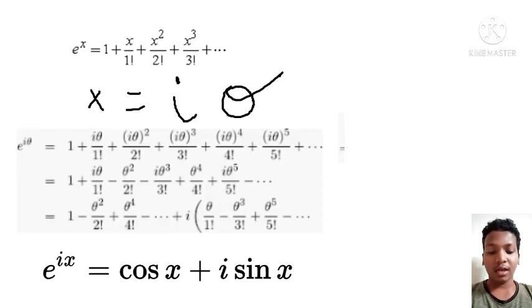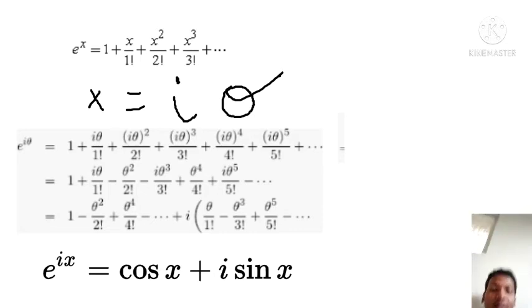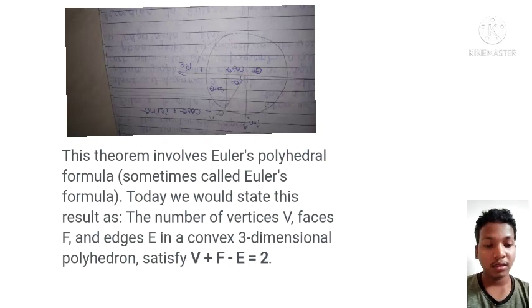The two series are now the Euler expansion series for cos theta and sin theta. Hence e to the power i x equals cos x plus i sin x. You can see the proof of how we use theta on the unit circle, where theta is a real number measured in radians.